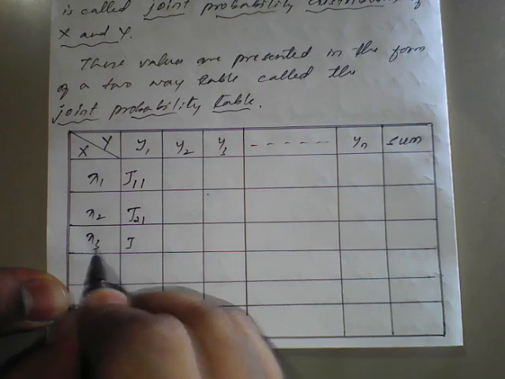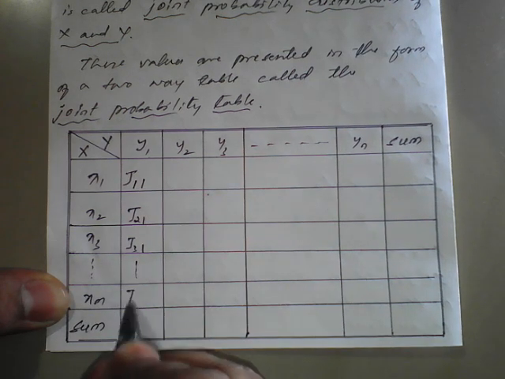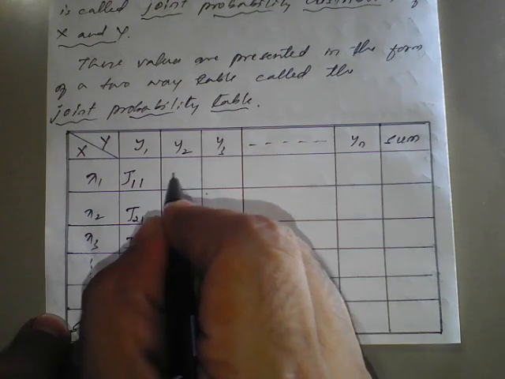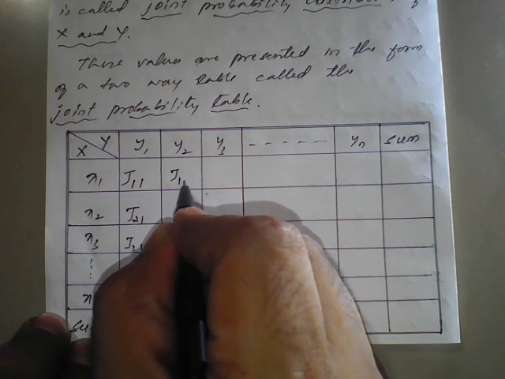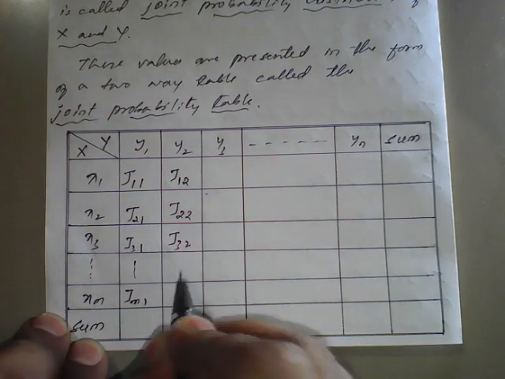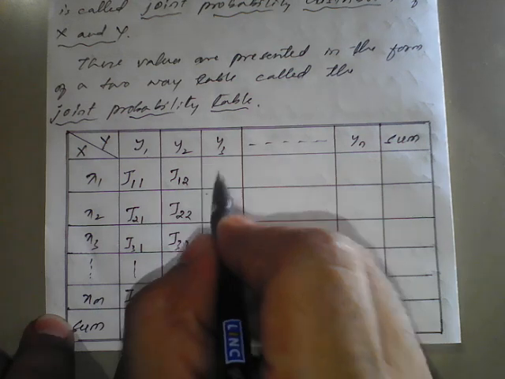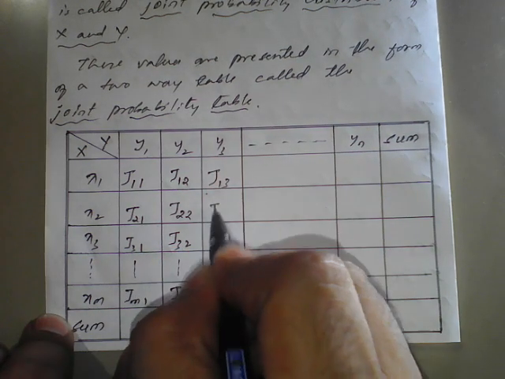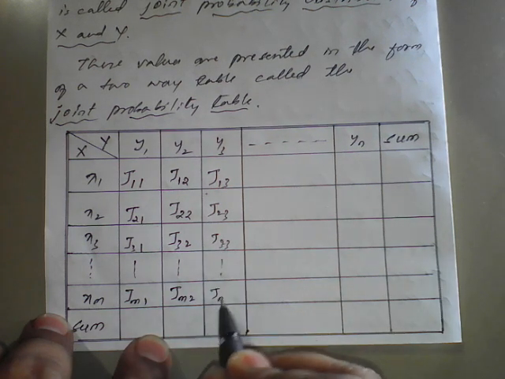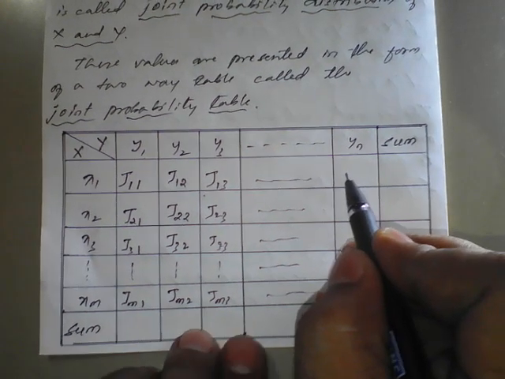Similarly, J of 3 1, and so on, J of m 1. Next, for x1 and y2 we write J of 1 2, J of 2 2, J of 3 2, and so on, J of m 2. Then J of 1 3, J of 2 3, J of 3 3, and so on, J of m 3.